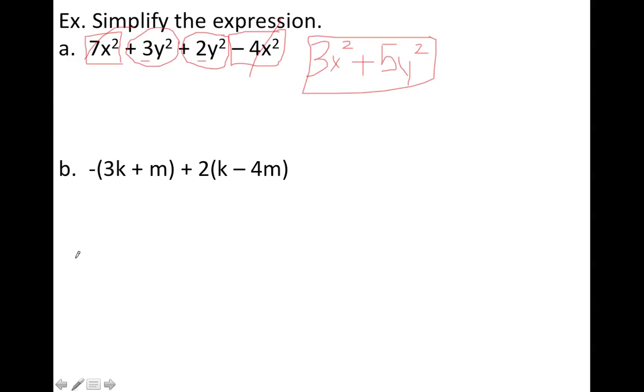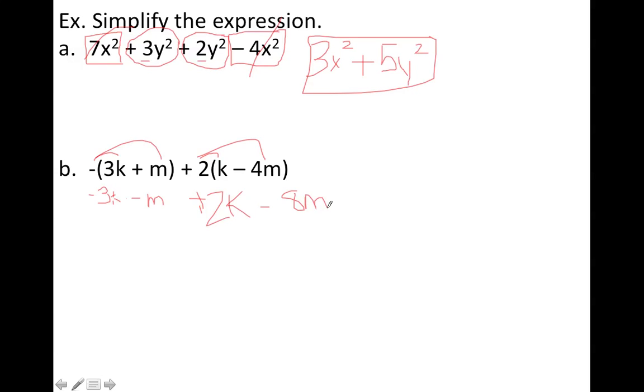And this would be the simplified version of our expression. Okay, looking at B, hopefully you notice you have parentheses, and hopefully every time you think parentheses, you think distribute. So you distribute your negative through into that parenthesis, and you distribute your 2 through this parenthesis. When you distribute through, you should get negative 3k minus m, over here we should get plus 2k minus 8m.